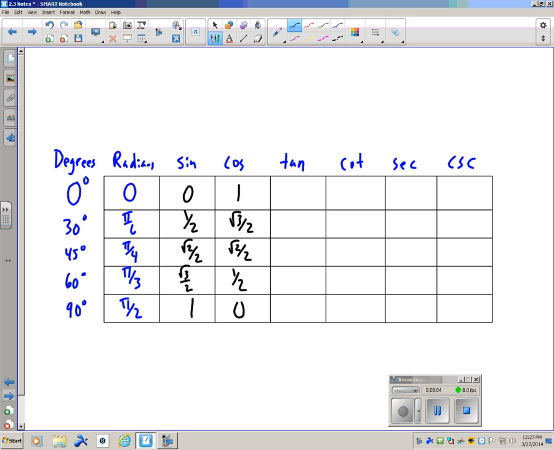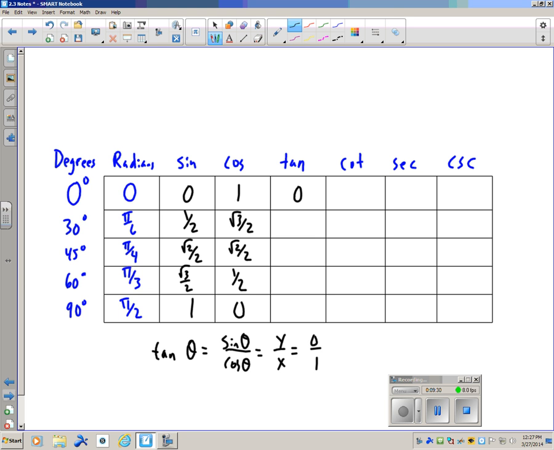Now let's figure out tangent. We said that tangent of whatever our angle is equal to our sine over our cosine, which is really our y over x. And so for 0 degrees, we can take 0 divided by 1, and 0 divided by 1 is just 0.